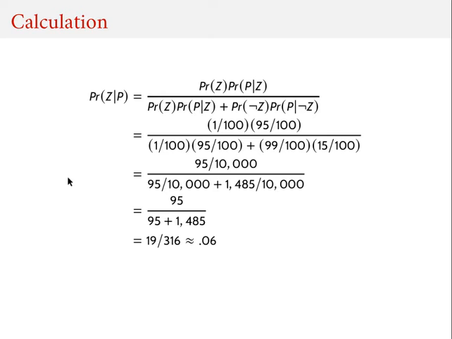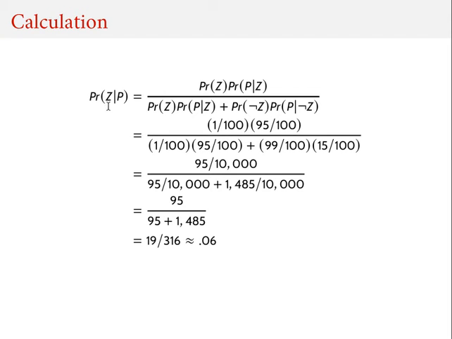And what we see is that the probability that Joe in fact has the Zika virus, given that he's taken this test that has come back positive, and even though the test is very, very reliable, is actually very, very small. It's only about 0.06, which is to say that the probability is just about 6%.